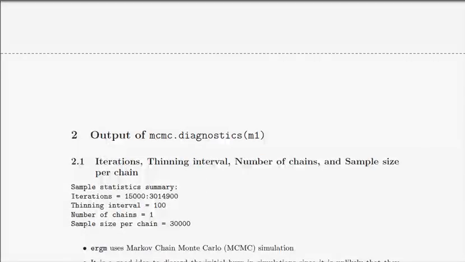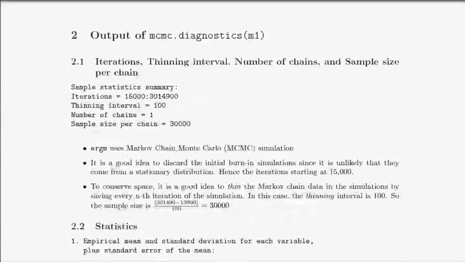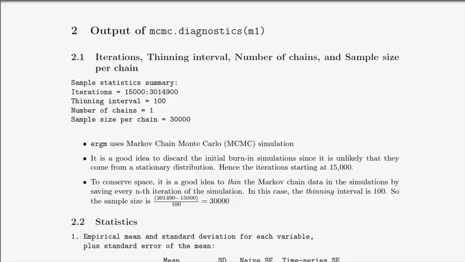Let us start with the first one, the output of MC diagnostics. Remember, M1 is an object that is created by ERGM, and MC diagnostics tells us the diagnostics in the Markov chain Monte Carlo simulations.